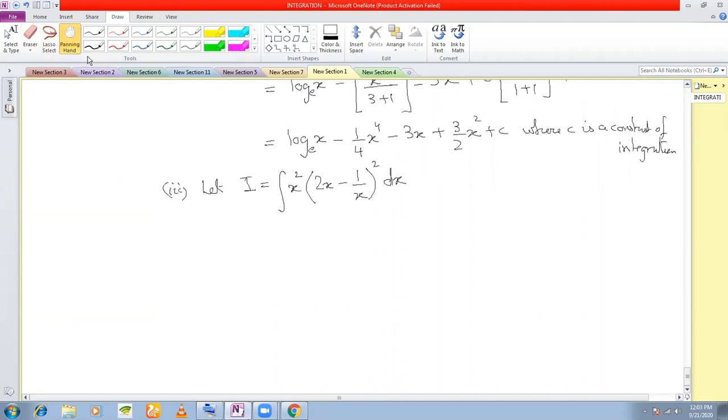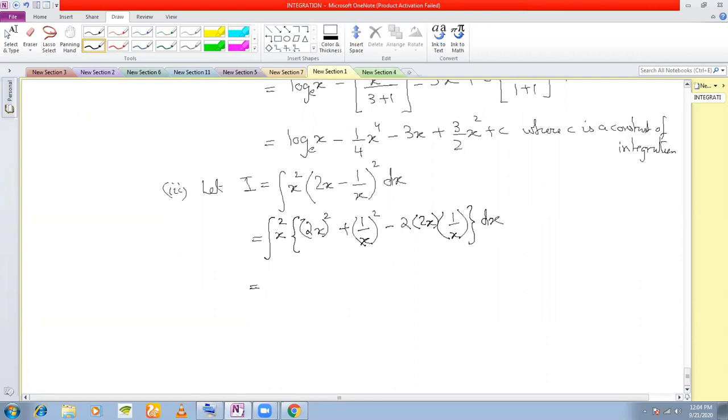So first of all, I expand by a minus b whole square: this one will be a square plus b square minus twice a b, dx.